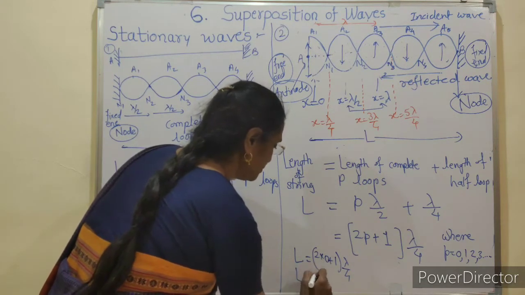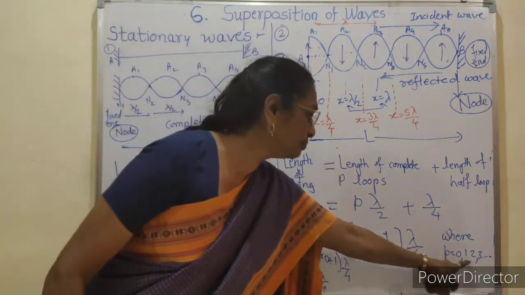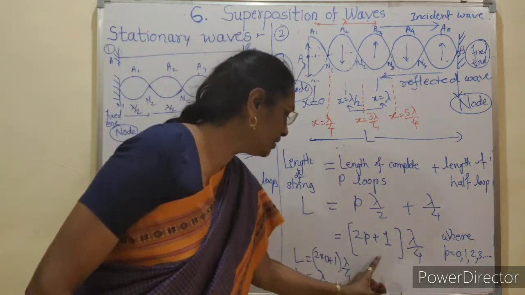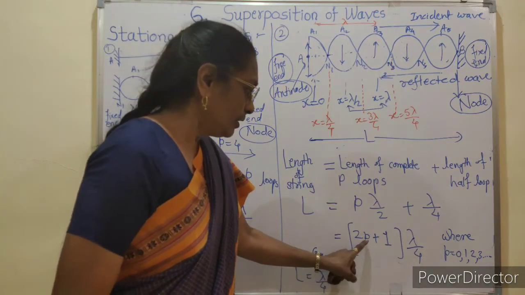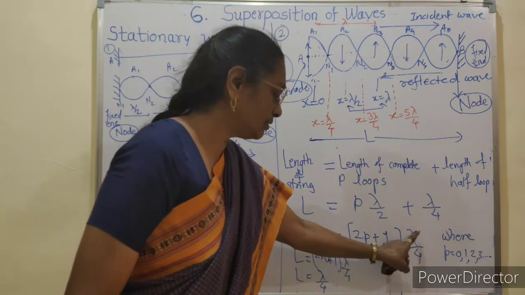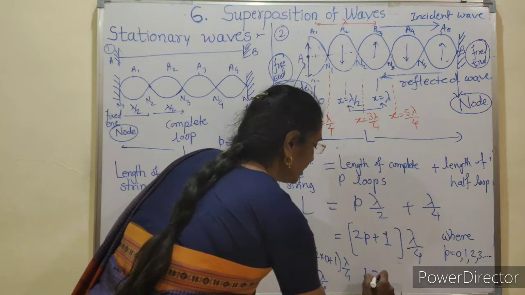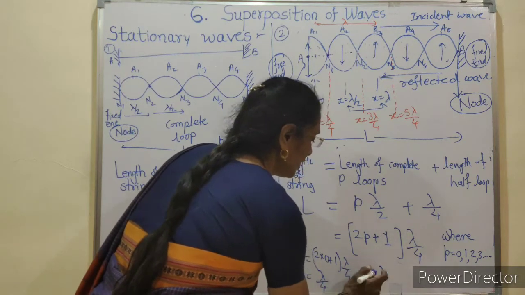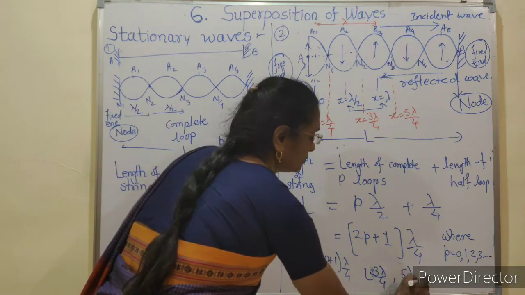So we get L equal to lambda by 4. If we substitute P equal to 1, we get L equal to 2 into 1 plus 1, multiplied by lambda by 4. L can take the values 3 lambda by 4, 5 lambda by 4, like this.